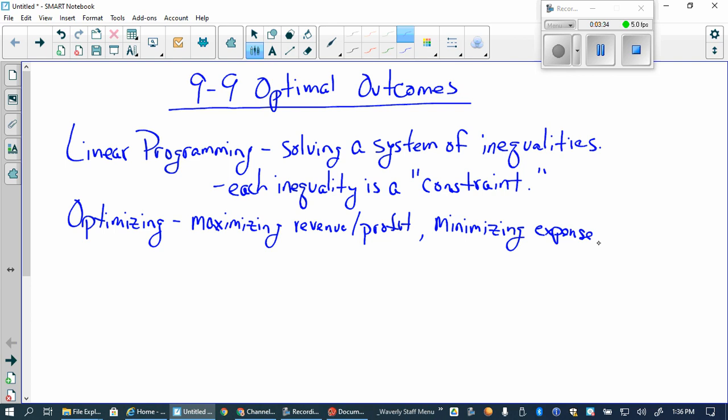And it's within that you find where you can maximize profit, right, with what's called an objective function. So your objective function could be an equation for profit, P equals whatever, depending on how many things you make and sell. And you're trying to maximize that objective function within the constraints of your inequalities, okay?